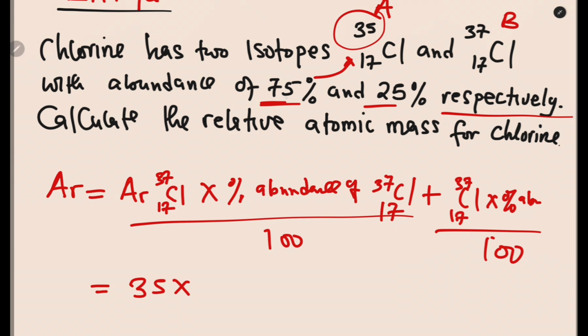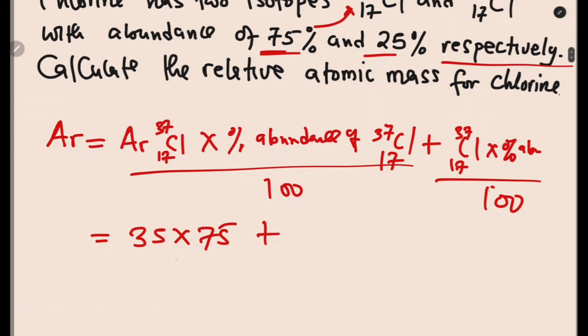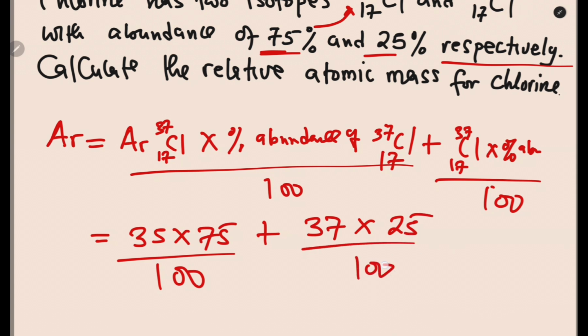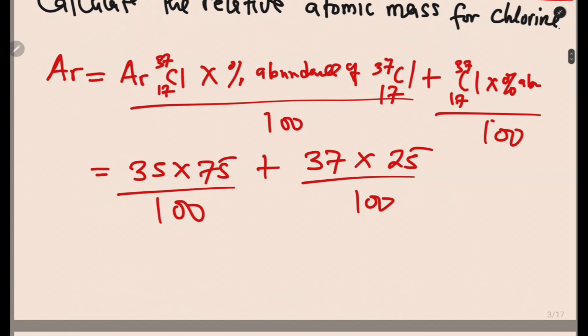So the percentage abundance, which is 75, is for chlorine 35, so multiply by 75, divided by 100, then plus 37 multiplied by the percentage abundance of 37, which is 25, divided by 100.